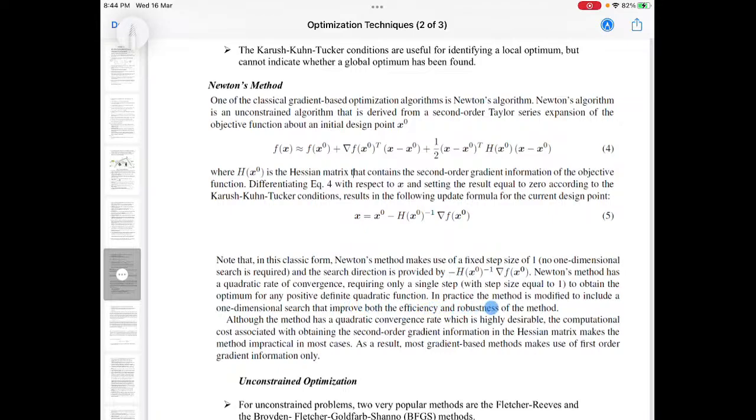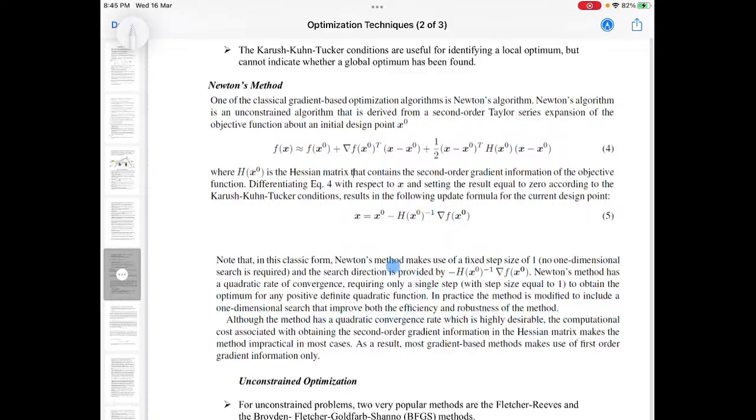In practice, the method is modified to include one-dimensional search that improves the efficacy and robustness of the method.